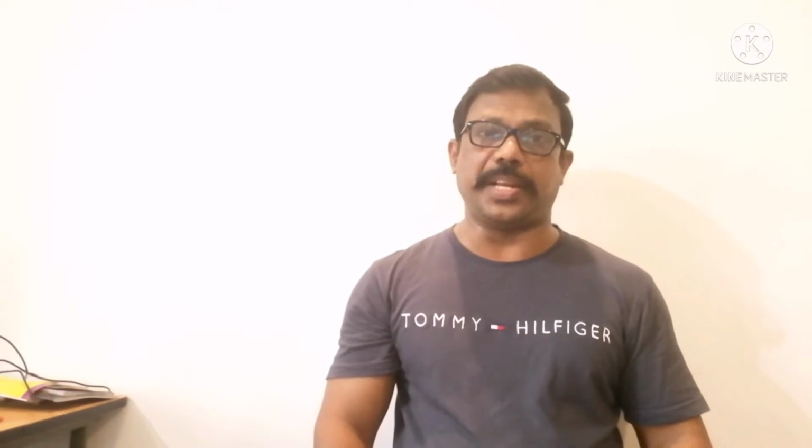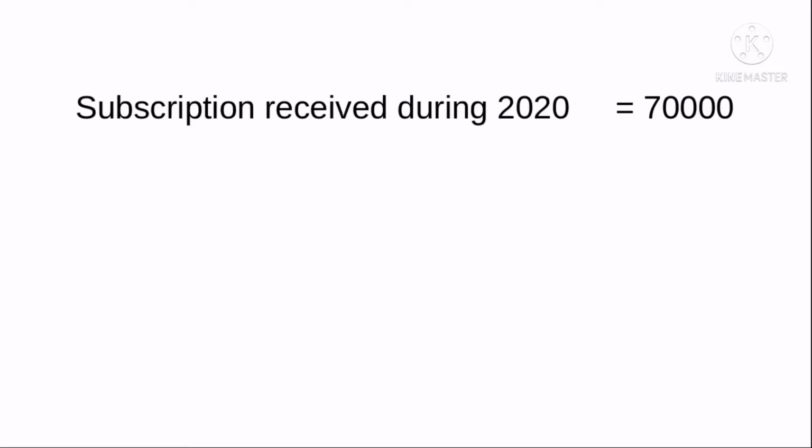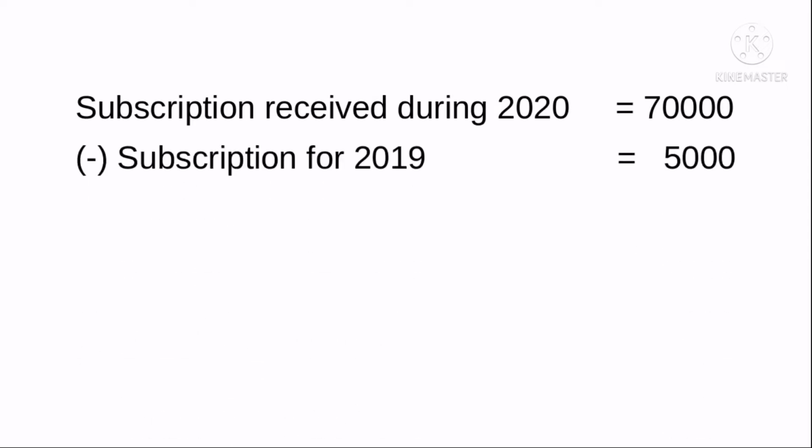As per our question, subscription received during 2020 is rupees 70,000, of which rupees 5,000 is for the year 2019, that should be deducted. So, less subscription for the year 2019 rupees 5,000. Balance rupees 65,000.